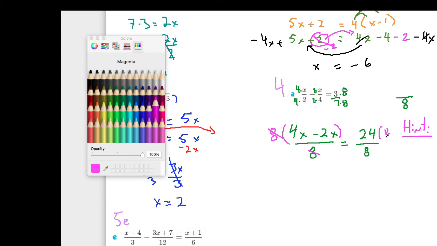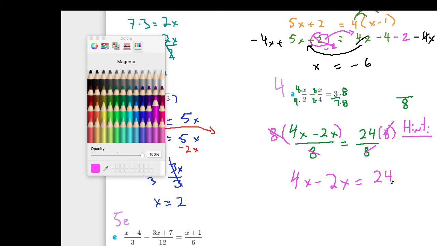So if I times one side by 8, I have to times the other side by 8, and guess what? They're gone. So this is why I say that once you have the common denominator in every fraction in a linear equation, you can throw the 8 out. Now, if you like the step that I showed you, you can show that step just so that you're happy that you're doing it correctly. That is no problem.